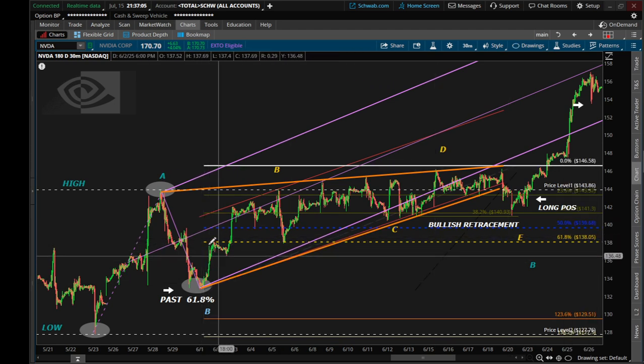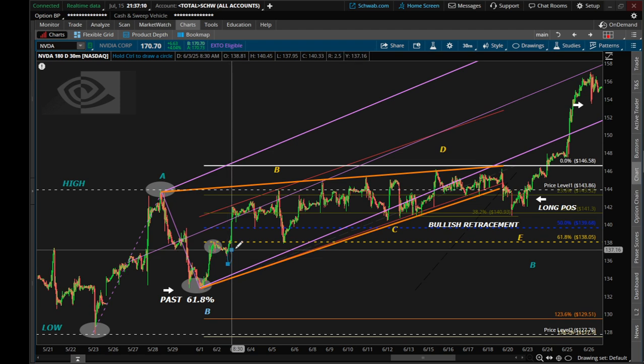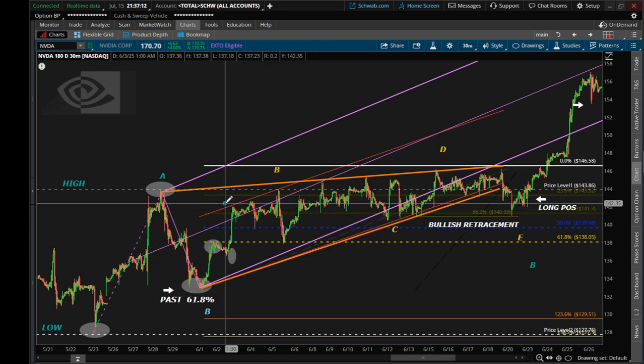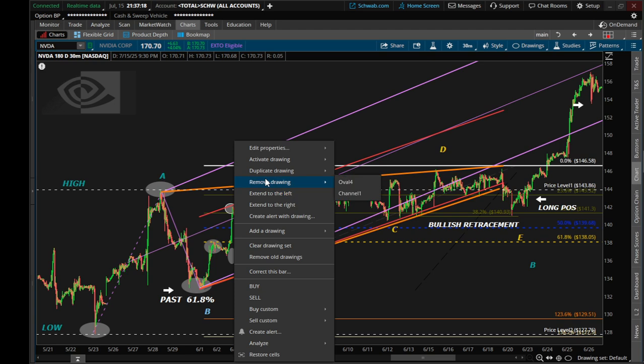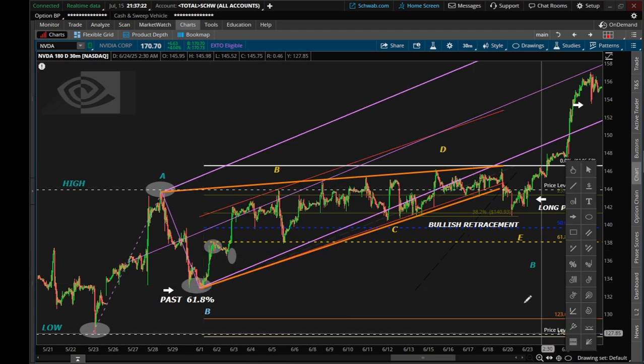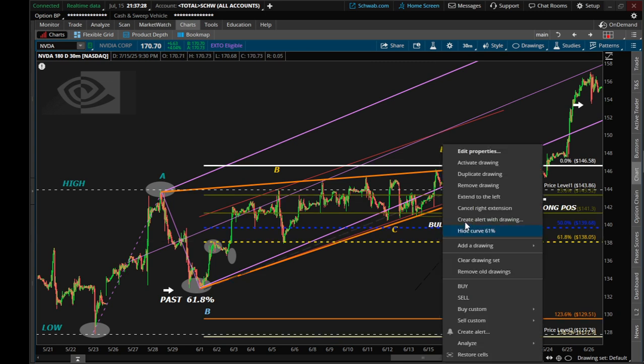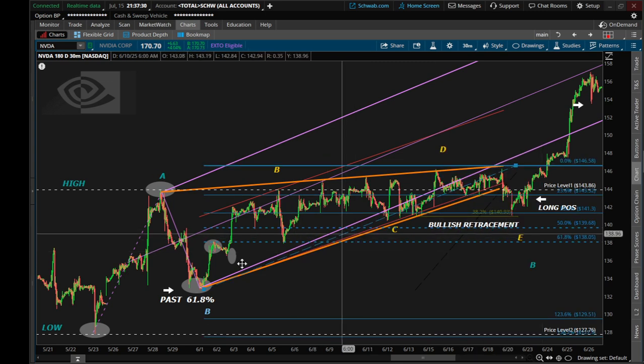Here's your A, here's your B, and here's your C. Okay, but you really only need the 2 swings, right? So let me get rid of this oval. And so this retracement is just based off these 2 swings here, okay?